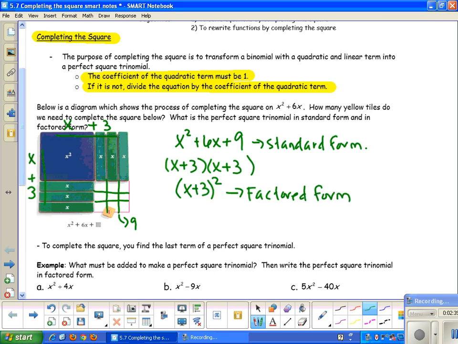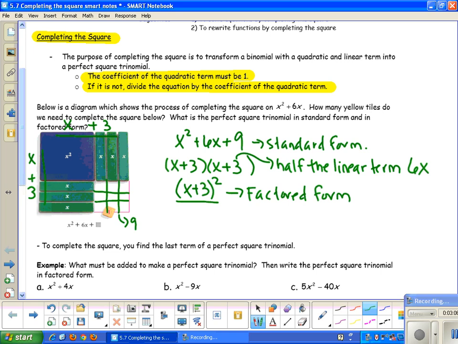And just a couple of little things to look at. Notice that for our perfect square trinomial, since it's a perfect square, we're always going to have the same number in both factors. If you look at this number 3, notice it's half of the linear term, which was 6x.